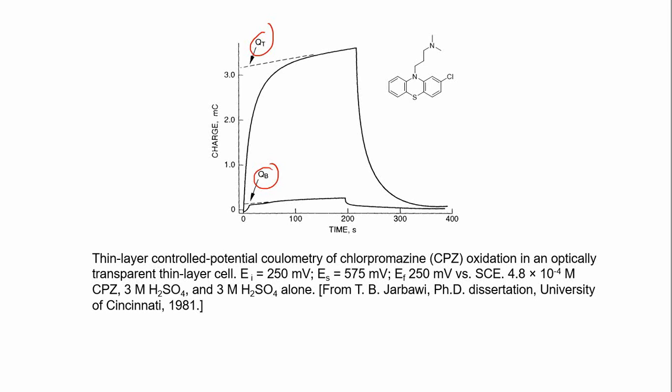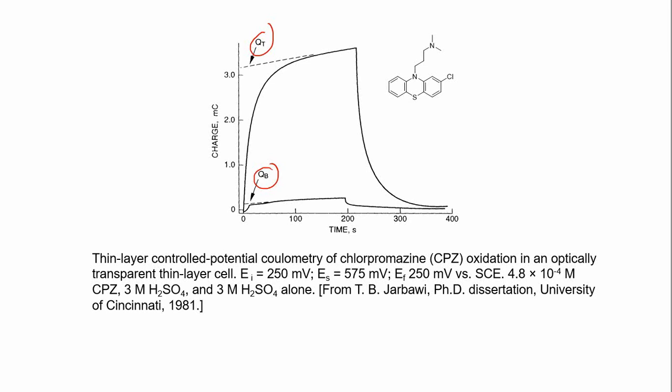The stability of the product species can also be assessed spectrally or by comparing the background charge and the QF at various switching times. So there are some advantages of using these types of techniques.